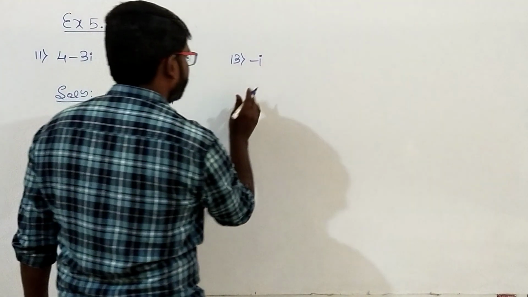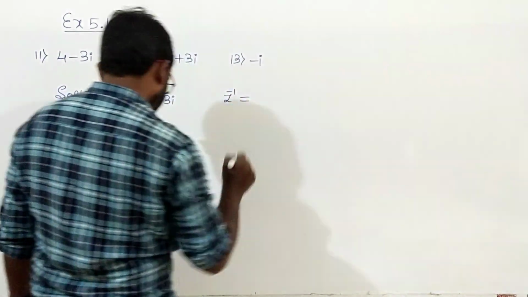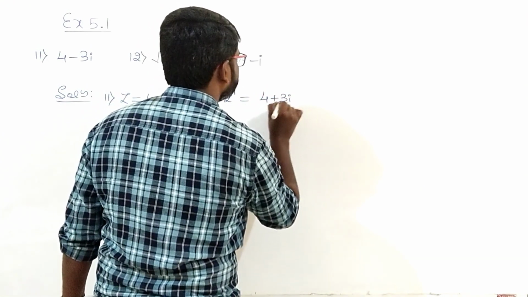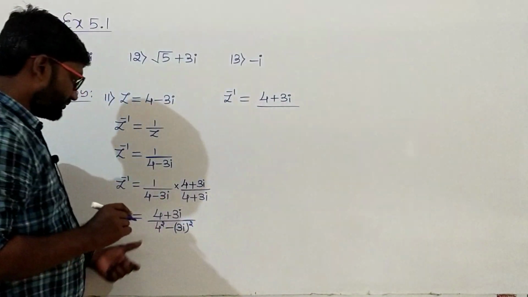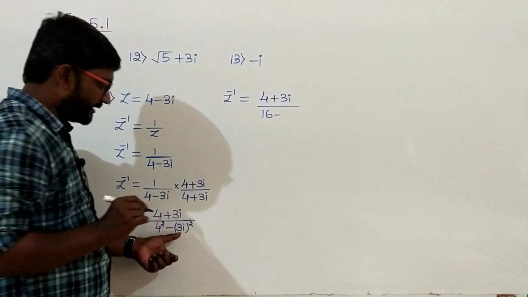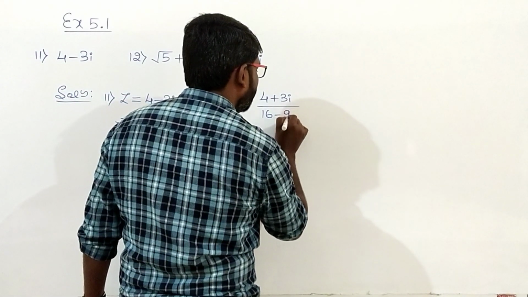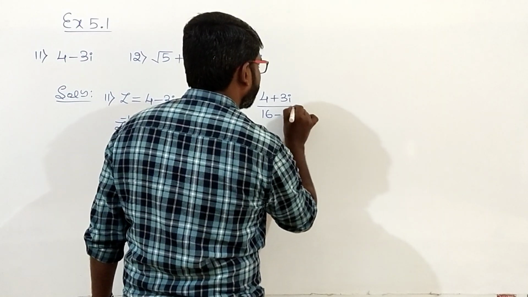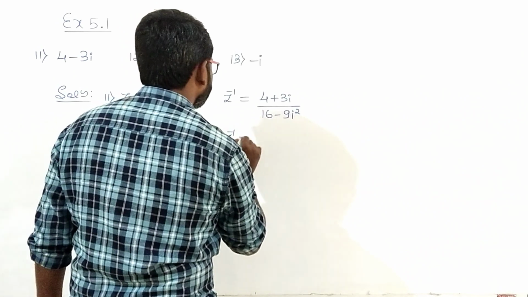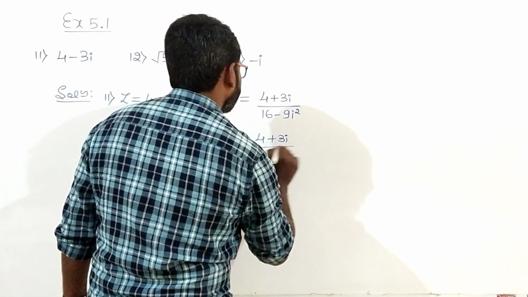So write the numerator as it is, 4 plus 3i, divided by 4 square, it will be 16, then minus 3 square into i square. So 3 square will be 9 into i square. So what is the value of i square now? It is minus 1.